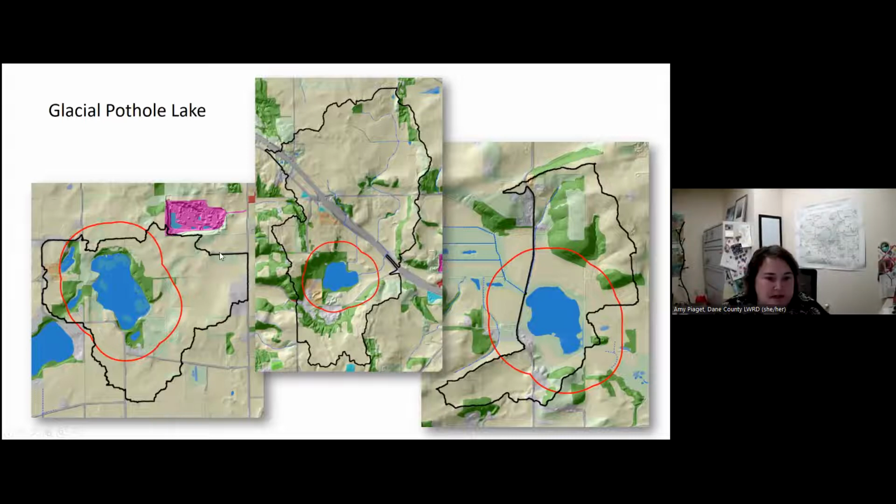The black lines on these three maps are the watershed for that lake. So the water that falls within those black boundaries ends up going into this lake. Or for this one, the watershed kind of expands out because there are some intermittent streams that flow into it. And then this is kind of a long, narrow watershed for this lake here.